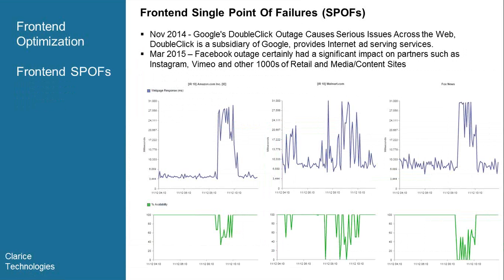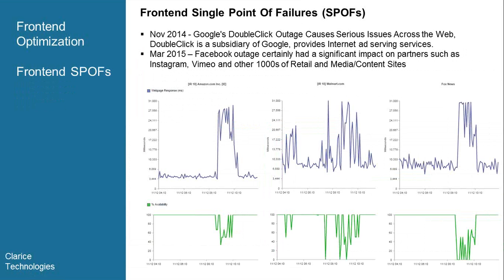But what we have seen is even Facebook and Google's users and partners, like Instagram, retail and media content sites, suffered from this front-end single point of failure problem. In all the retail, media or content sites, we are using Facebook plugins, Google plugins, the Google Analytics plugin or the Google Ads plugin.